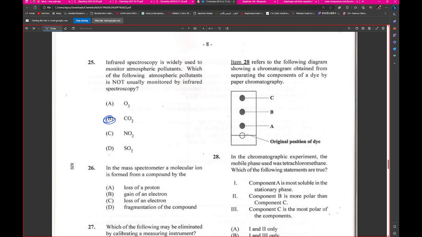Ozone specifically should have higher reactivity within the IR spectrum. That means that if it has a high activity in IR, it can be detected, so it's usually monitored using IR spec. With CO2, it doesn't really have that much of an impact on IR spec. That's why you don't normally have it being monitored using IR.